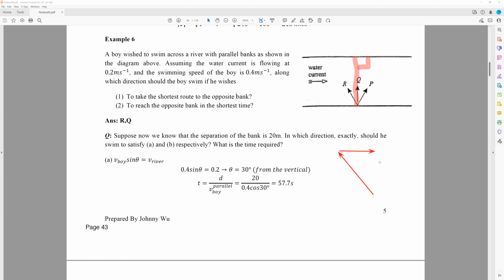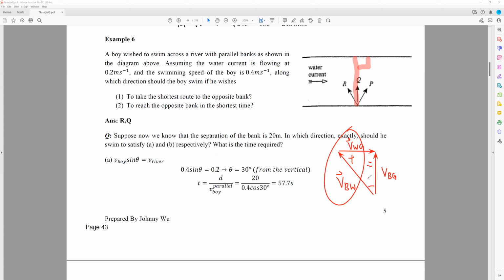So you need to add these two velocities together, and the resultant velocity will be the velocity of the boy relative to the ground. So this is VBG, this is VBW, this is VWG. You add these two vectors together, then you get the velocity of the boy relative to the ground.